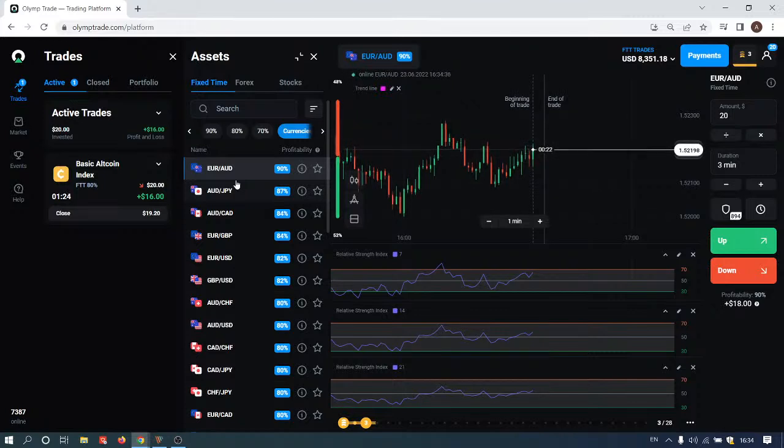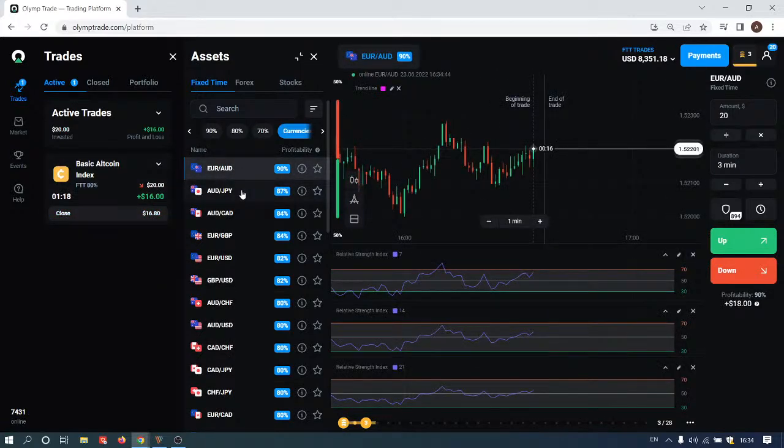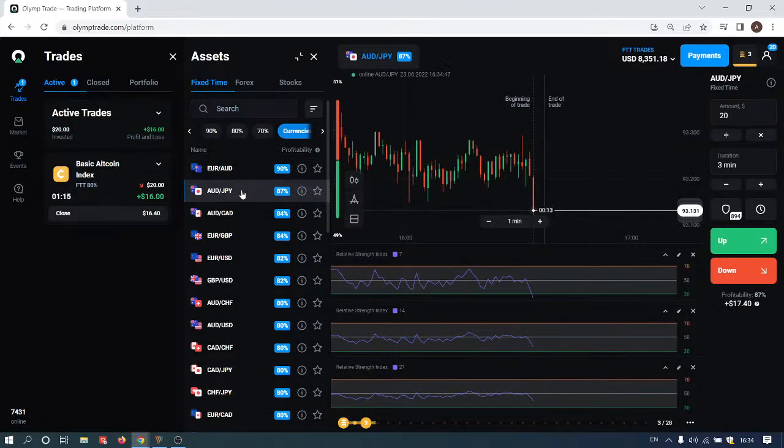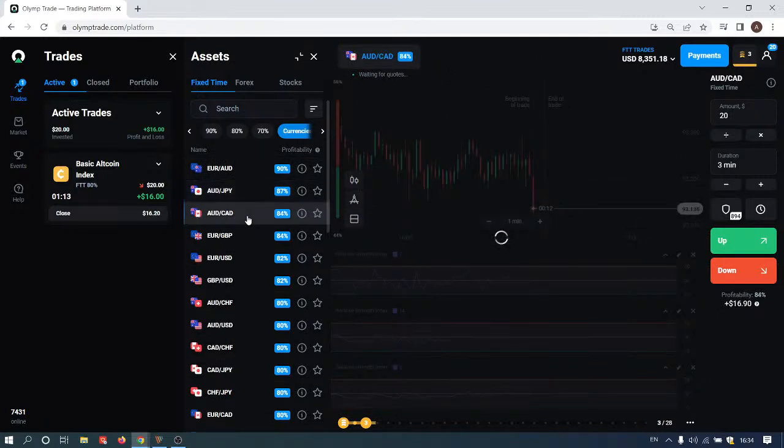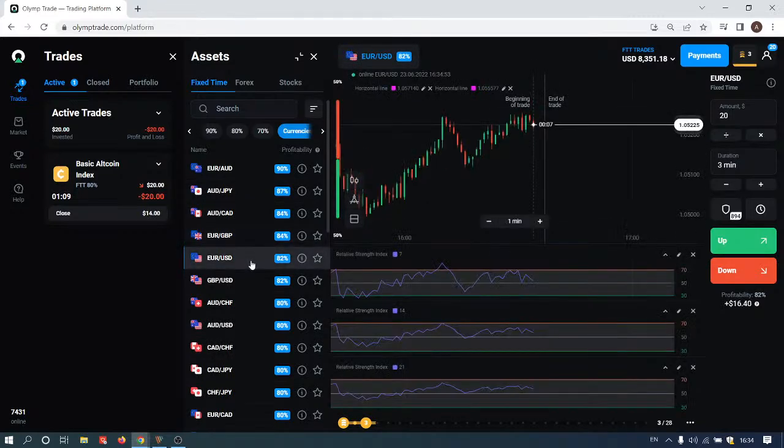Now, trading the FTT mode is a great way to grow your capital fast, to get your startup capital, because by its nature this is the fastest way.